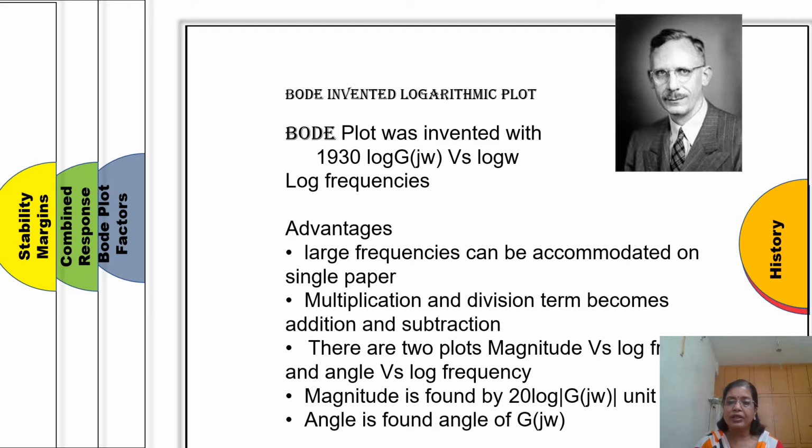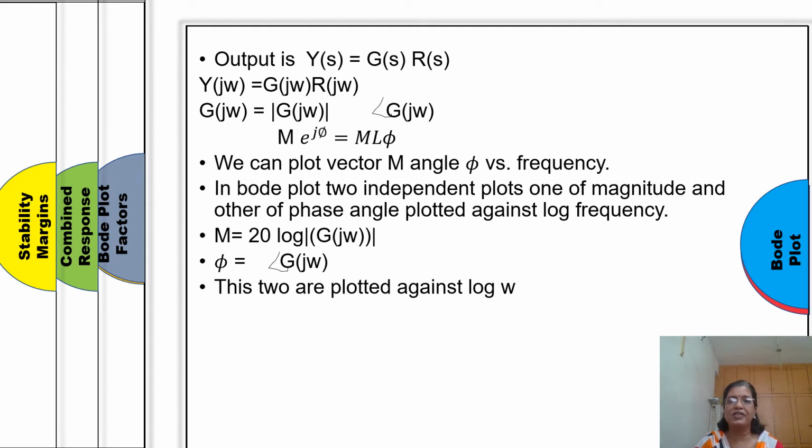Now we know that G(j omega) is a complex factor. The output Y(s) can be given by G(s) into R(s), where R(s) is input and Y(s) is output. Now R(s) is a sinusoidal signal of variable frequency. We convert it first into the frequency domain by replacing s by j omega.